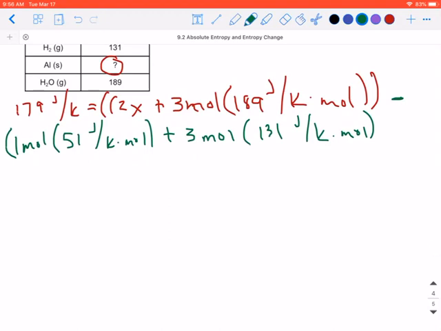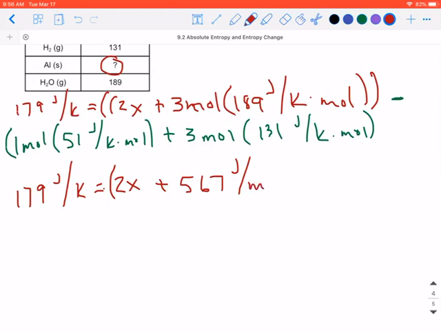So we got 179 joules per Kelvin equals 2x plus 567 joules per mole. Okay.